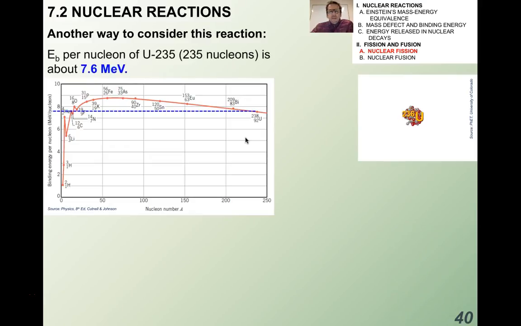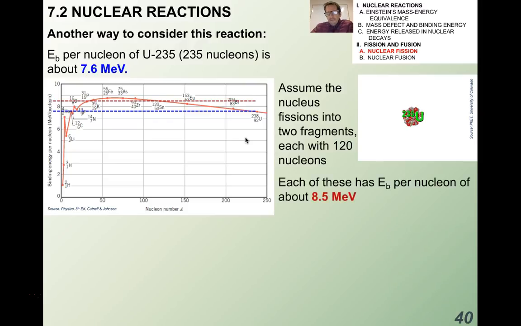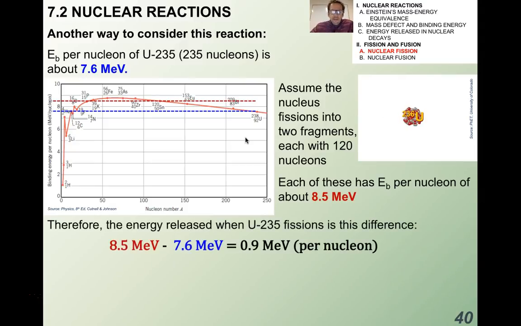Now, another way to think about the reaction is that the binding energy per nucleon of uranium-235 is about 7.6 mega electron volts. If we assume that the nucleus fissions into 2 fragments, and each of them has 120 nucleons, each of these has a binding energy per nucleon of about 8.5 mega electron volts.